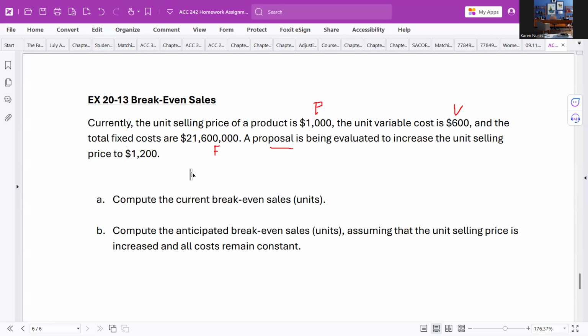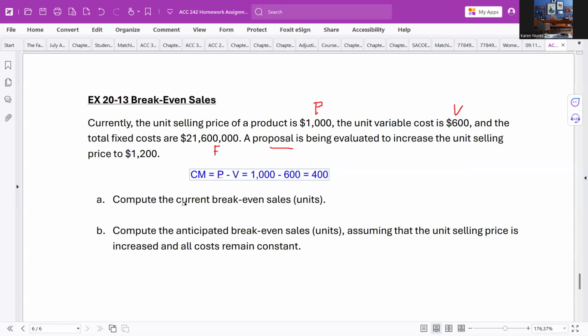So we do need to know what that unit contribution margin is. And the unit contribution margin, again, is just the P minus that V. Price is $1,000 and those variable costs are 600. So we're looking at a unit contribution margin of 400.